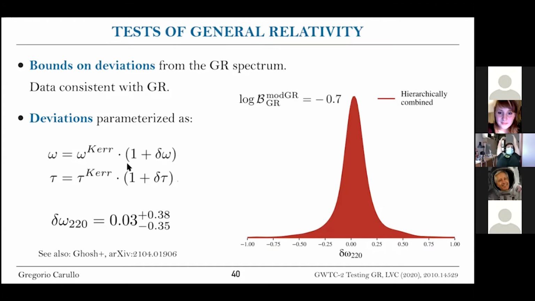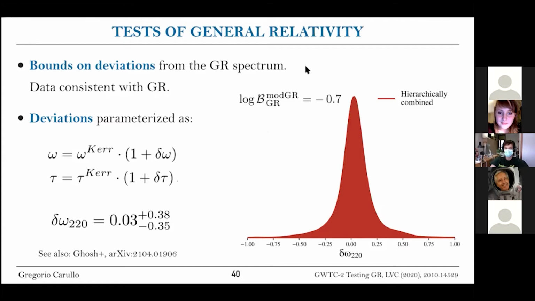And we did this for all of the events, and then we combined them all together. And what we obtain is this probability distribution here, which peaks nicely around 0 and has an error of more or less plus or minus 35%.